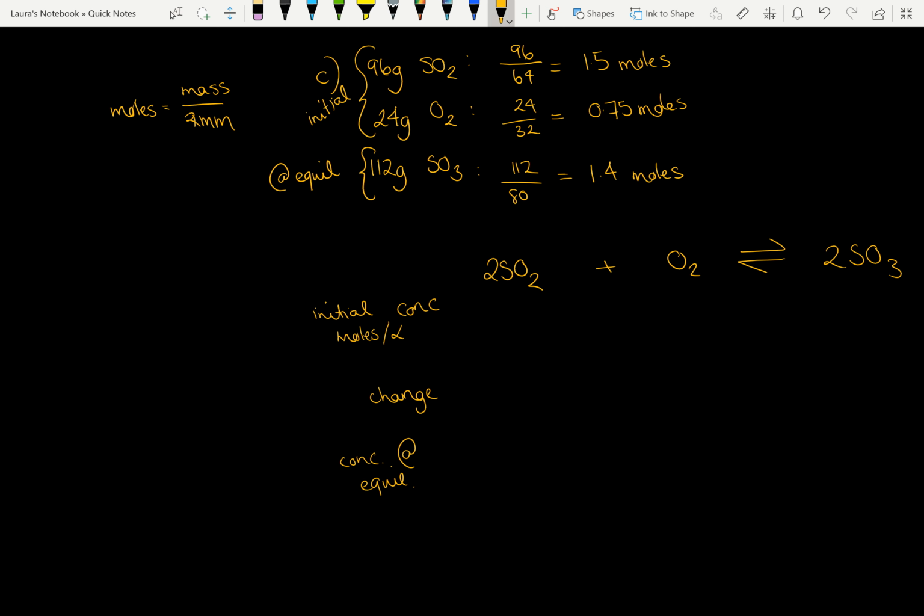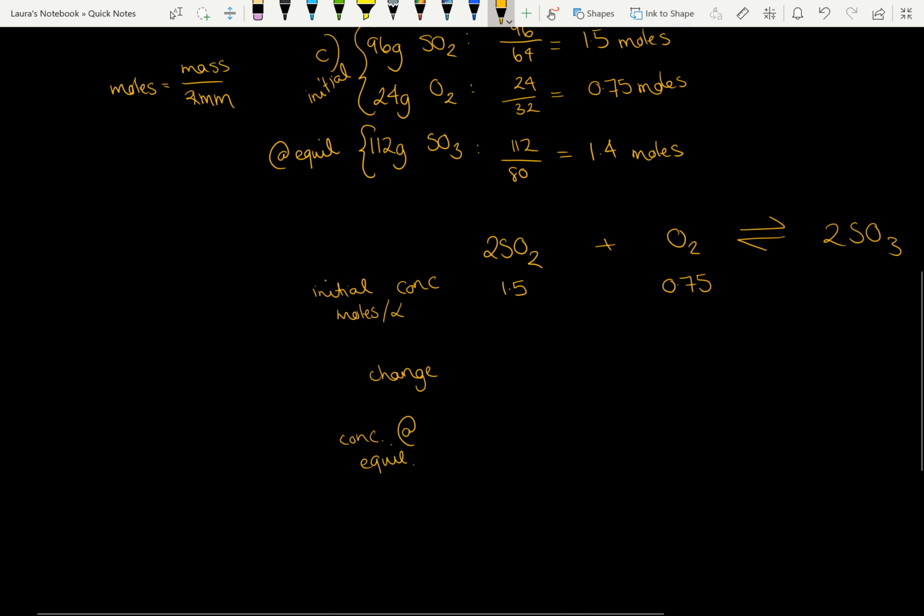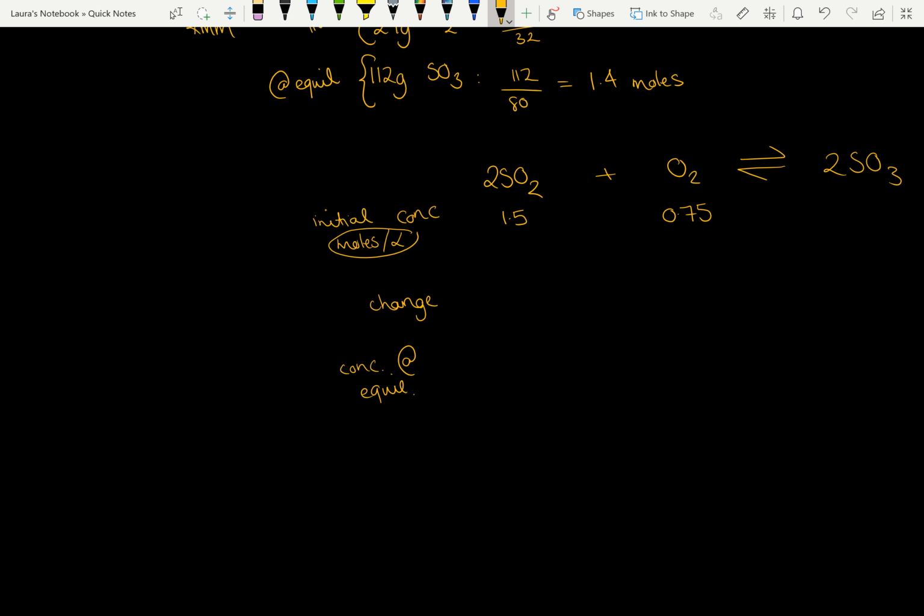We know that we started off with 1.5 moles of SO2 and 0.75 moles of O2. But if we flick quickly back to the question, this happens in a 50-litre container. So we want this to be in moles per litre. I'm going to divide everything by 50 before I get started; it'll save me doing it at the end.